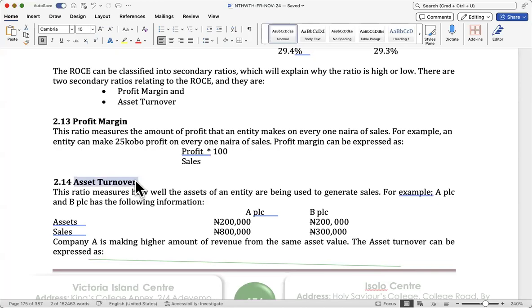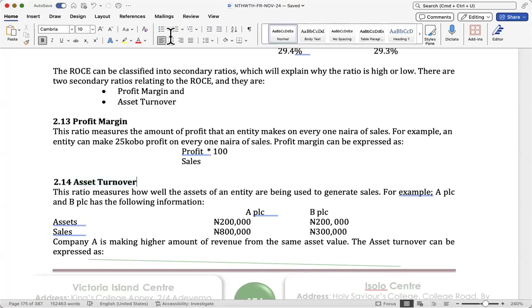Turning your assets over is how many times you're able to use your assets to generate sales. And of course, the higher the better, right? It shows that this company is efficient if you're able to get a high asset turnover.